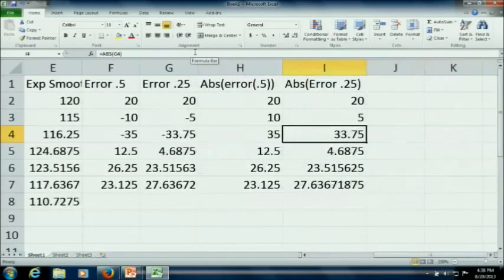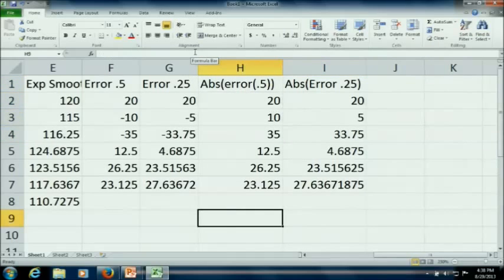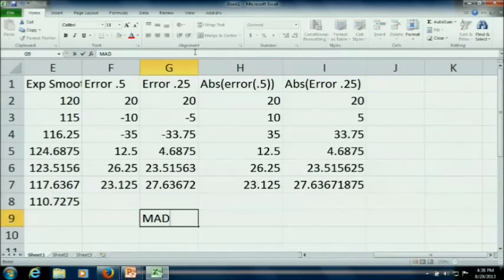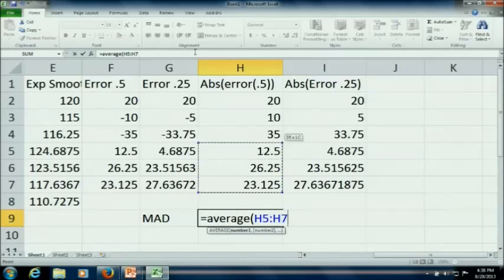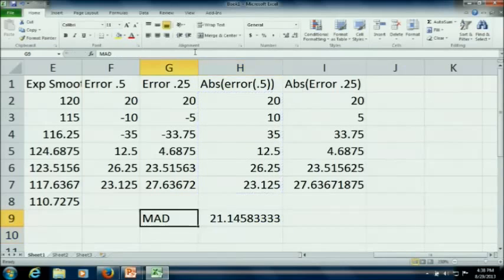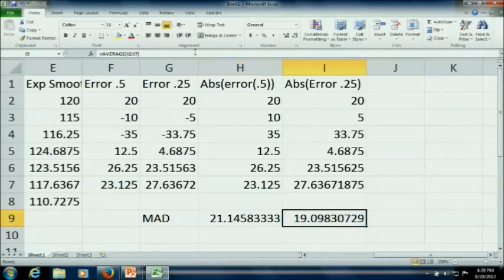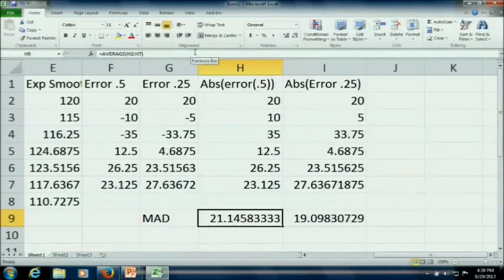Okay, so we've taken the absolute value of the error, and so our MAD would be just the average of those. So on average, when we use a smoothing constant of 0.5, we have an average error of about 21. And when we use a smoothing constant of 0.25, we have an average error of 19 in this data set, okay? So you're a little better using the 0.25 in this data.